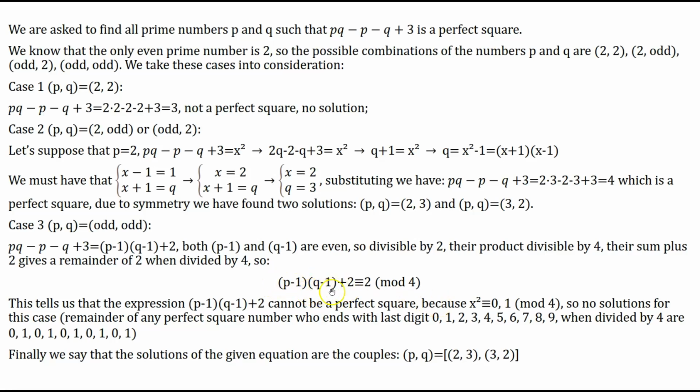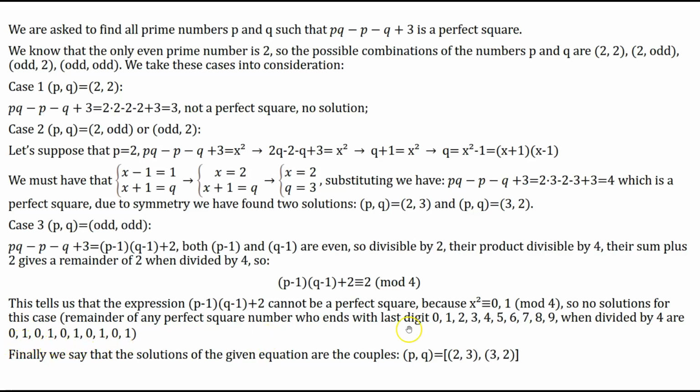Now, for the viewer to be certain why all perfect squares, when divided by 4, have a remainder of 0 or 1: the last digit of any perfect square can be 0, 1, 2, 3, 4, 5 up to 9, and when divided by 4 the remainders are 0, 1, 0, 1, and so on.